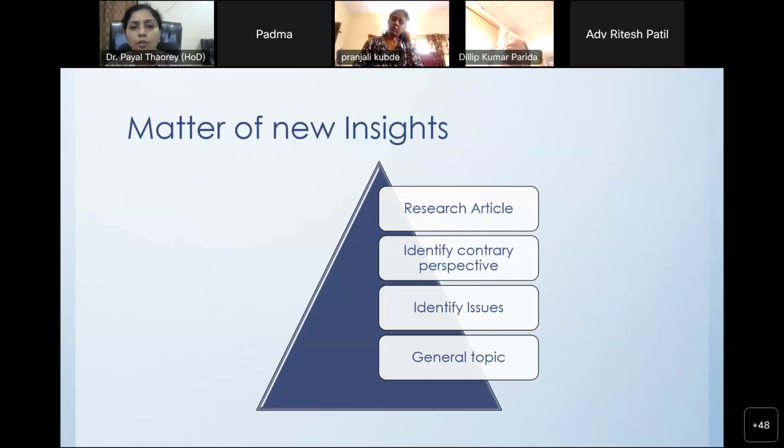हम argument और counter arguments कर सकते हैं. This is again a writing skill of research paper. Copying and pasting is one thing, but जिस research paper की हम बात कर रहे हैं यहाँ पे, जो UGC केयर और Scopus Index में होता है, वो किस तरीके से होता है, wherein you put forth one argument and then you provide a comparison or a solution or some explanation which is not similar to that argument, but is contrary to it.